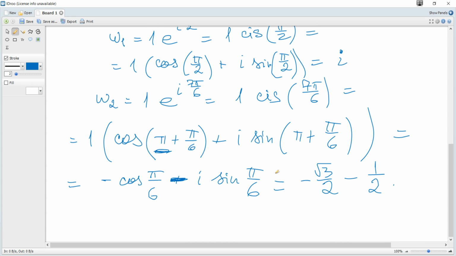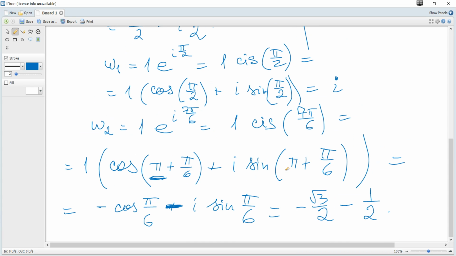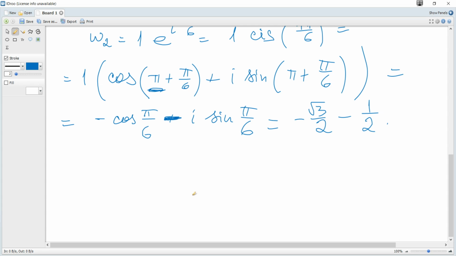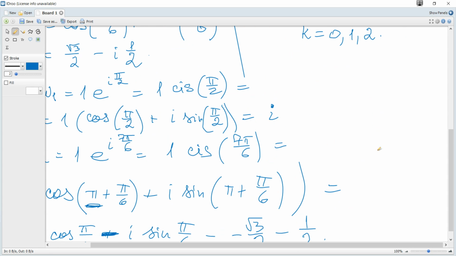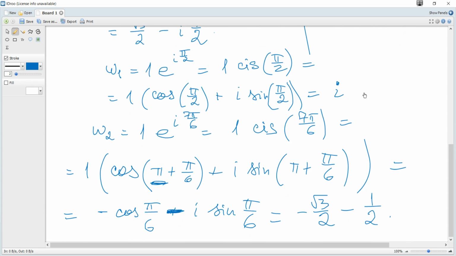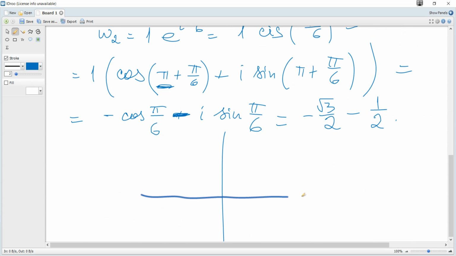And notice that such solutions, such roots, are equally spaced on the Argand diagram. There is the same angle between two consecutive roots or solutions. Let's check. The first solution is what?